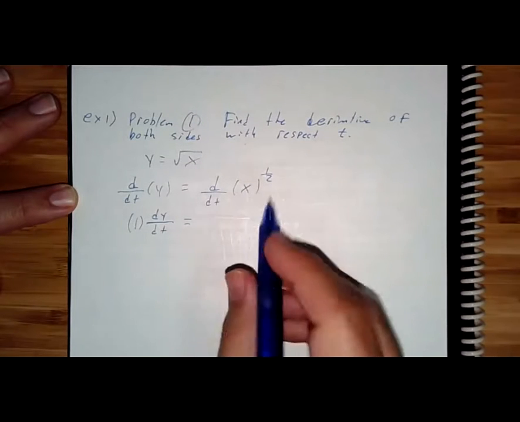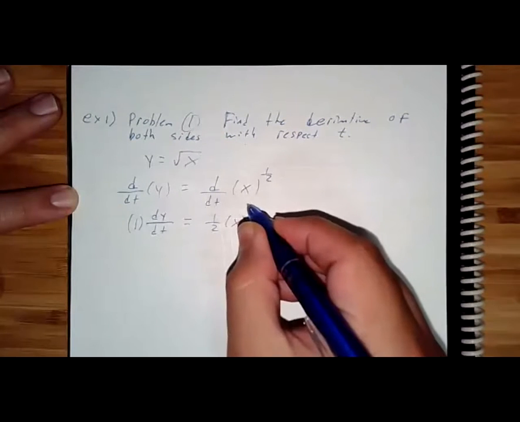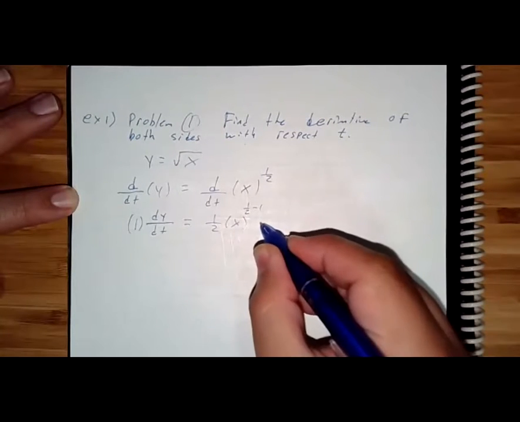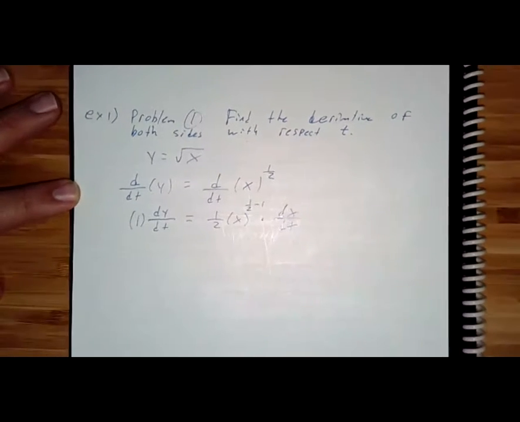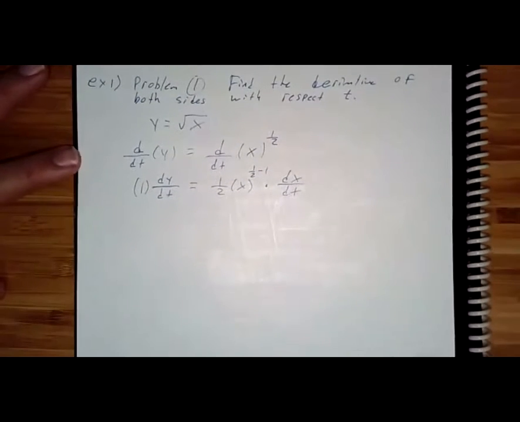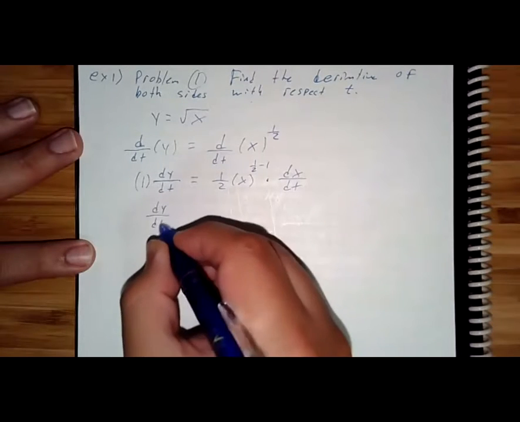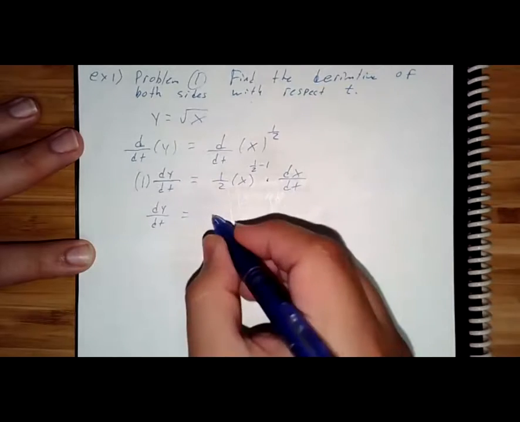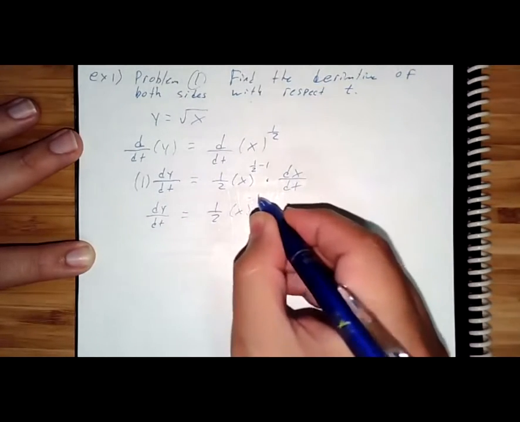The derivative of this guy will be 1/2 x to the 1/2 minus 1 times dx/dt, using my implicit rule. So that gives us dy/dt equal to 1/2 x to the negative half.